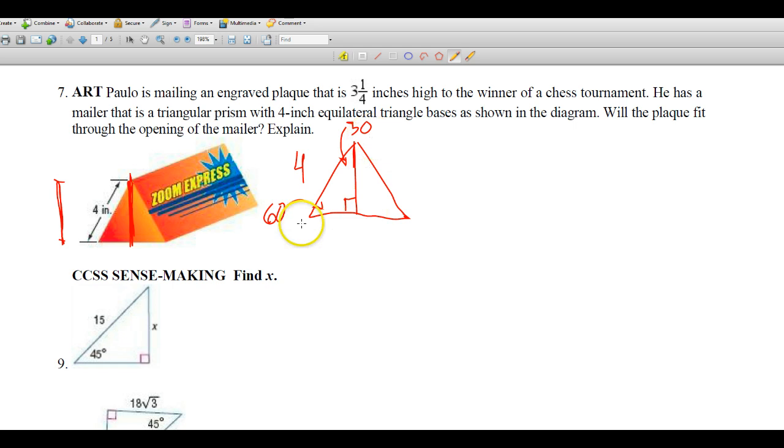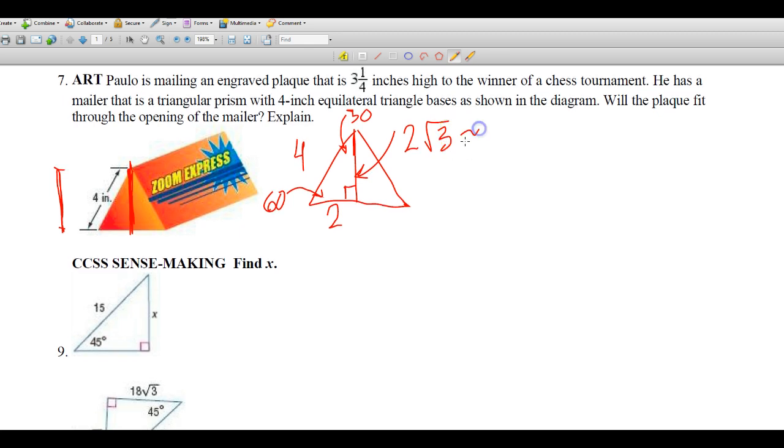So since I'm splitting this side in half, and this side is also 4, then my short leg is 2, and then to find the long leg, I multiply the short leg by the square root of 3. Which is approximately 3.5, which is greater than 3 1/4. So yes.